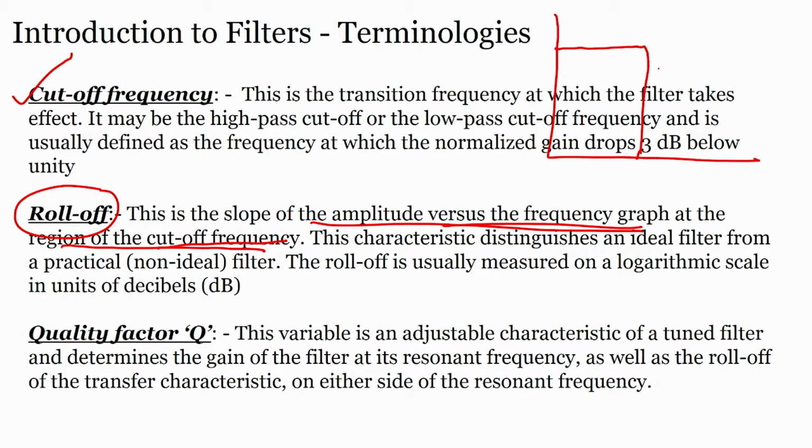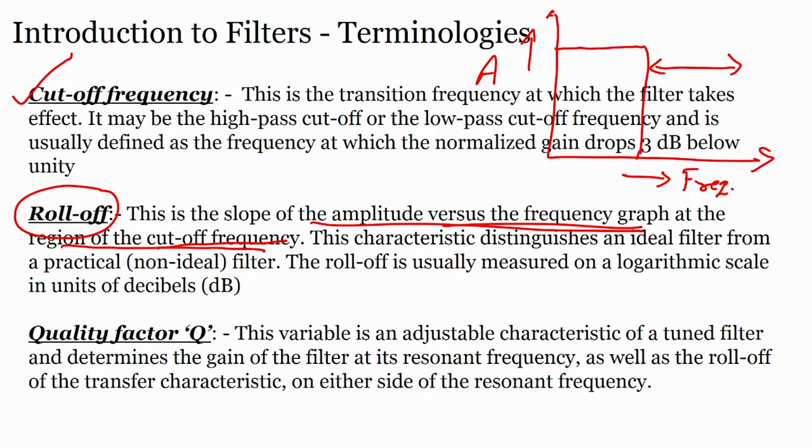For example, the low pass filter. So, low frequency will pass, high frequency will not pass, you will see an ideal curve like this. What is the ideal curve? This is amplitude, this is frequency, right, x axis, y axis.